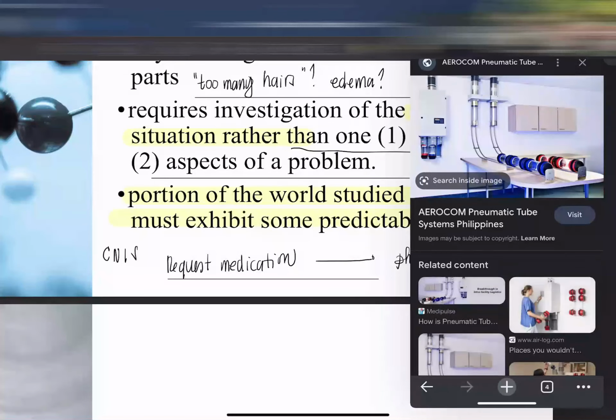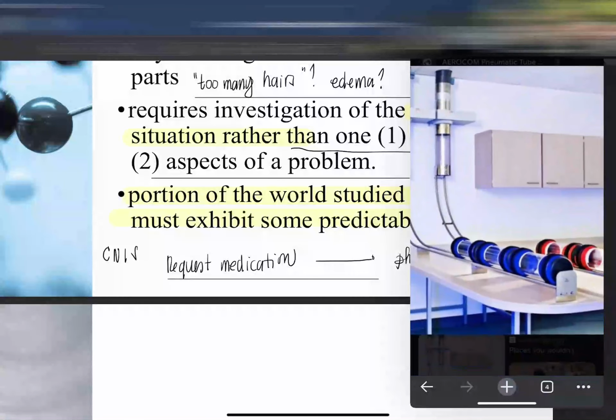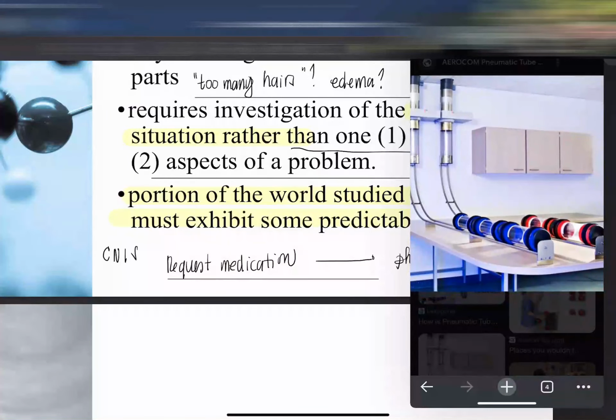Ano po yung ginagawa ng tube system, no? That's referred to as pneumatic tube systems. For example, I requested sa pharmacy paracetamol 250 milligrams, something like that. That medication will be placed inside a bottle, tapos ilalagay dyan sa blue cup, or red cup man, depende sa hospital nyo.